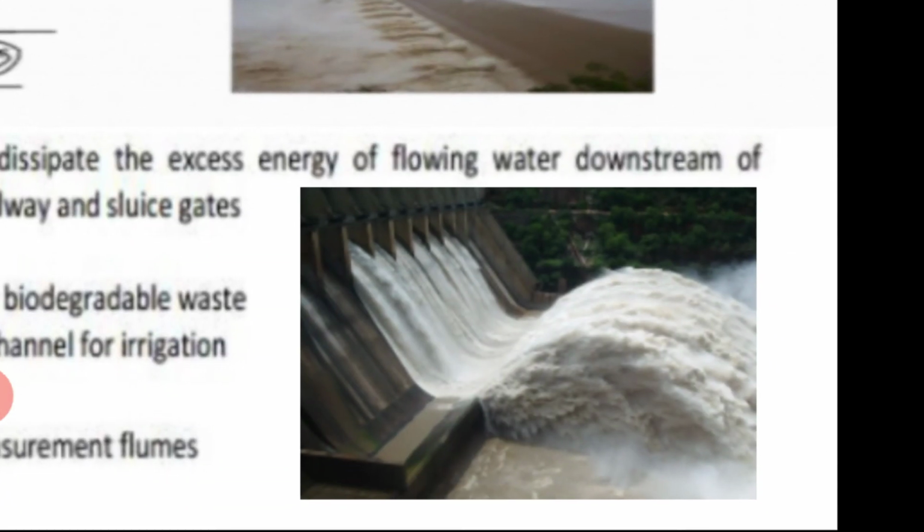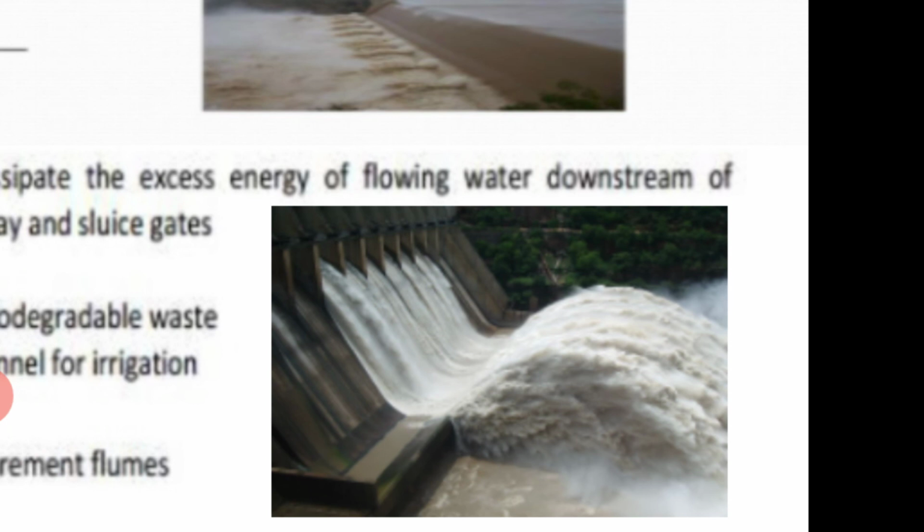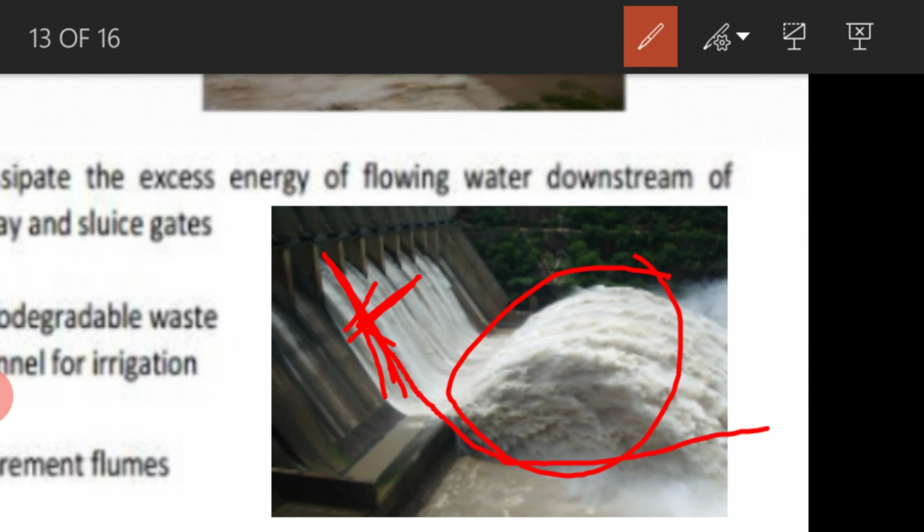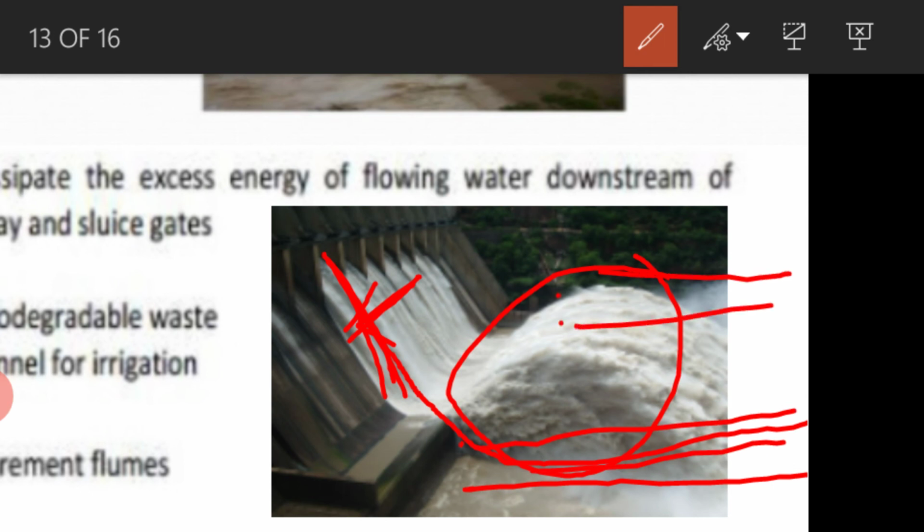So if you look at the figure, you might have seen this on the downstream side of a dam. How does the hydraulic jump take place? Here there is a huge kinetic energy in the water flowing on the spillway of the dam. It may scour or erode the bed and banks on the sides.